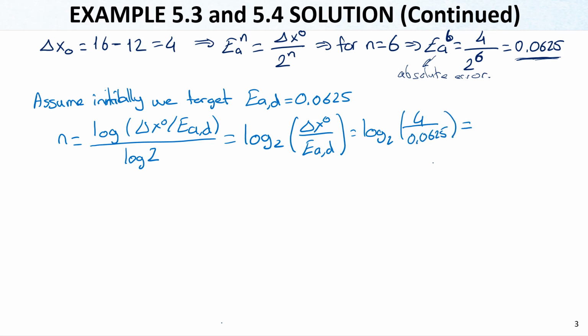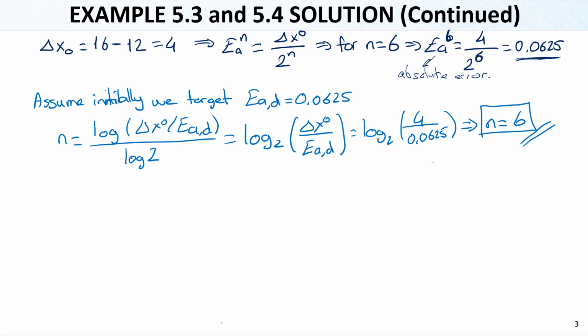If we take this logarithm, the iteration number is 6, and this shows that if we decide an EAD of 0.0625, then we need to use just 6 iterations. We can make this initial assumption and do the calculations for 6 iterations only.